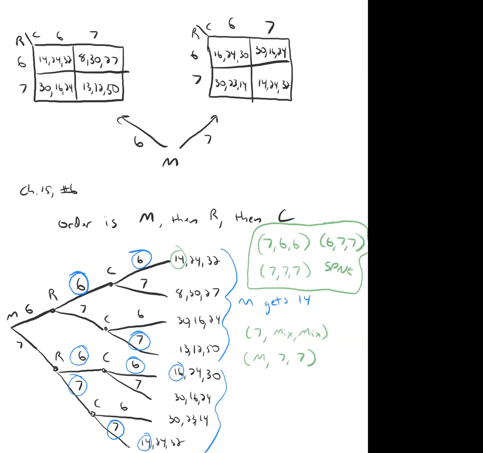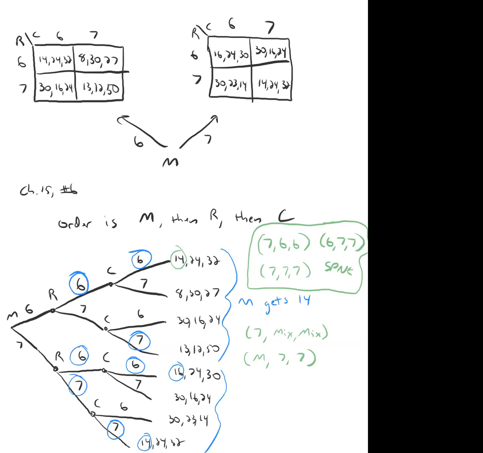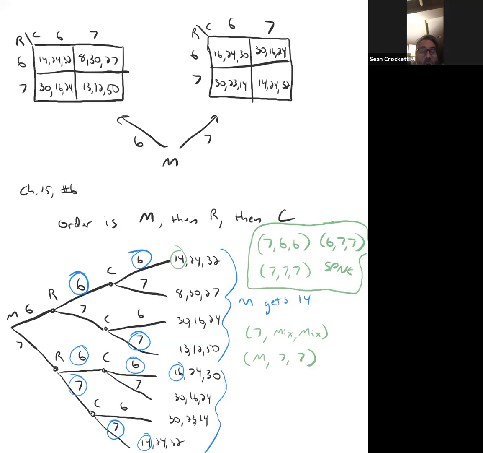I missed what you were talking about with 6-7-7. But player R doesn't choose 7 when you choose 6. Sorry, I meant 7 down there.